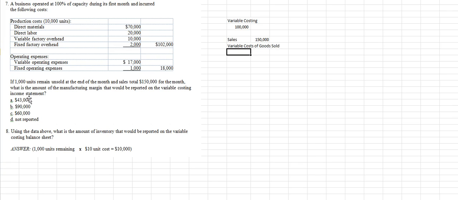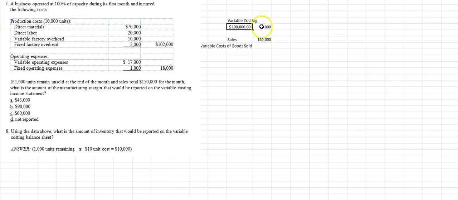So you have to do a little bit of math here, okay? Your total variable cost was 100,000. How many units did you produce? You produced 10,000 units, right?